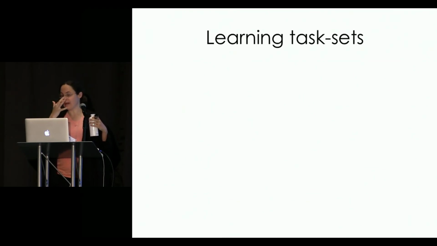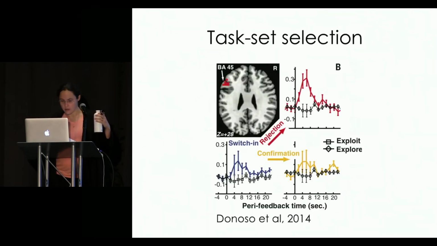And those three discrete time points are really model-defined rather than behavior-defined, and led to fairly different patterns in the brain.